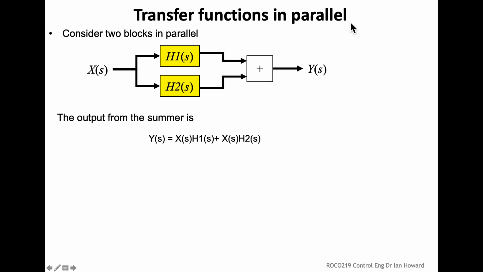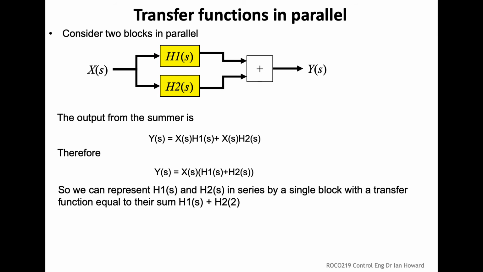So the Y(s) here is going to be the sum of the X(s) times H1(s) plus X(s) times H2(s). And if we simplify that further by taking the X(s) outside, factorize it out, what we can see is we can simply replace the parallel blocks with a single block represented by the sum of their transfer functions. Again, quite simple to do.